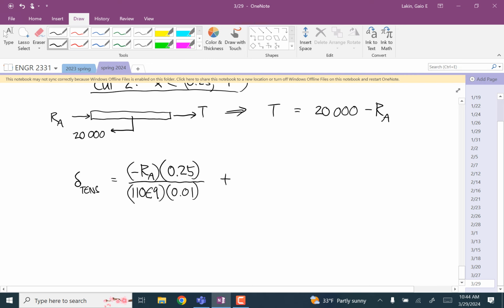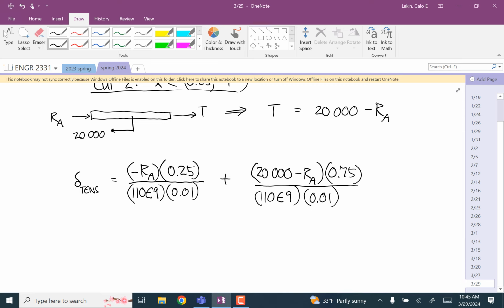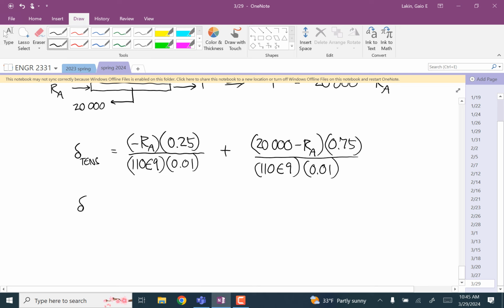Plus the elongation of the top piece. So 20,000 minus RA times 0.75 over 110 times 10 to the 9th times 0.01. But now with the temperature change, this isn't the only thing causing a change in length. We also have the thermal change.